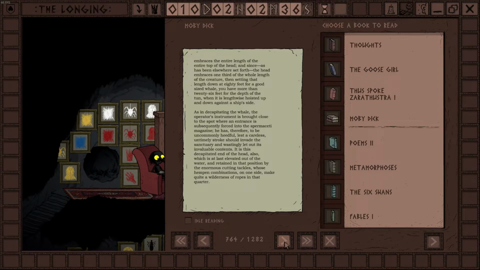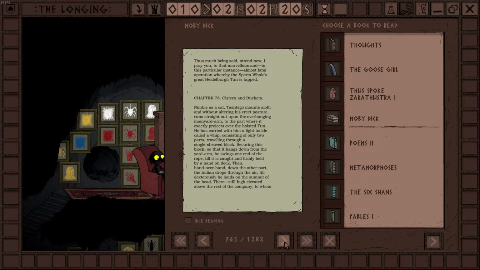It is this decapitated end of the head, also, which is at last elevated out of the water and retained in that position by the enormous cutting tackles, whose hempen combinations on one side make quite a wilderness of ropes in that quarter. Thus much being said, attend now, I pray you, to that marvellous and, in this particular instance, almost fatal operation whereby the sperm whale's great Heidelberg tun is tapped.